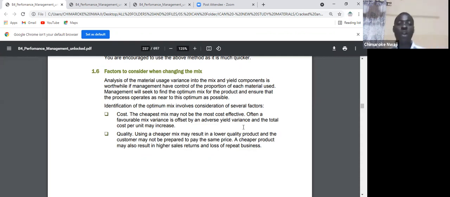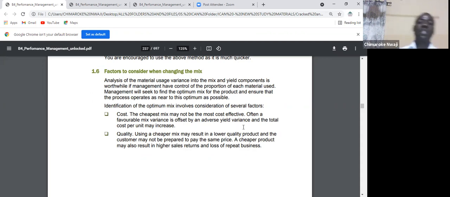Then we look at quality. Using a cheaper mix may result in a lower quality product, and the customer may not be prepared to pay the same price. So a cheaper product may result in higher sales returns and loss of repeat business.